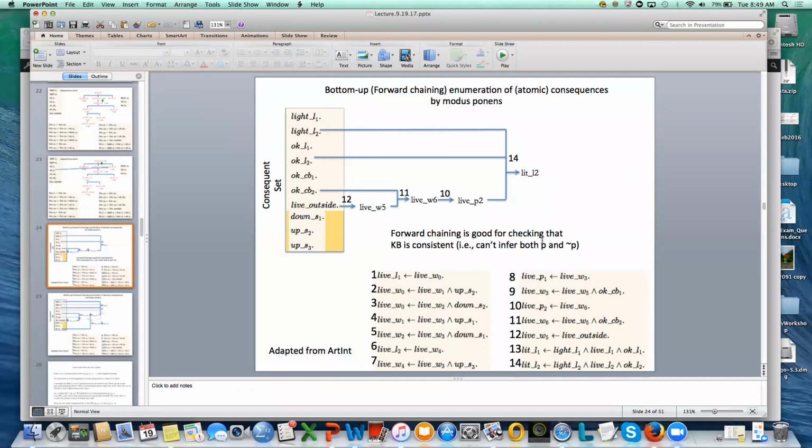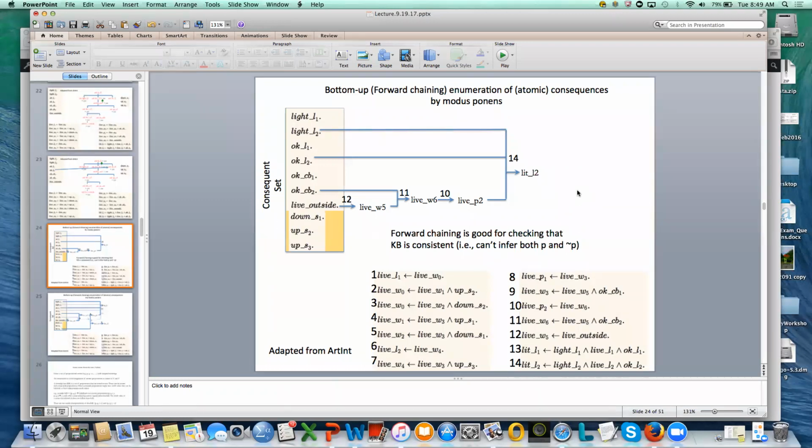These have a very fixed form. When they talk about forward search, they talk about collecting a consequence set, and the consequence set typically, in the case of the text, is just a set of atomic propositions that are true.